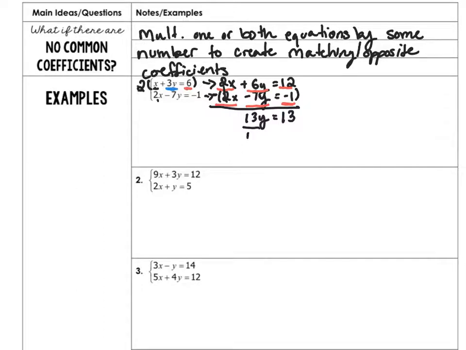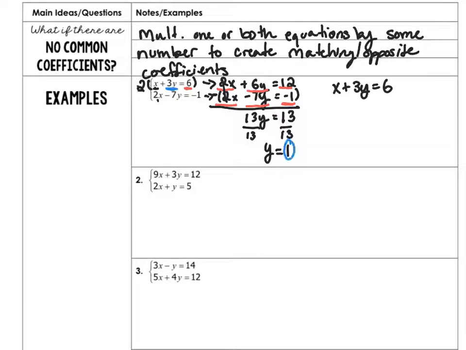Now the last step is to divide by 13 and solve for y, so y equals 1. Now we go back to how we solved before. We take one of the original equations, so I'll use x plus 3y equals 6.